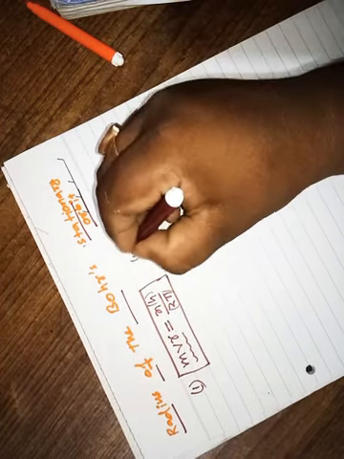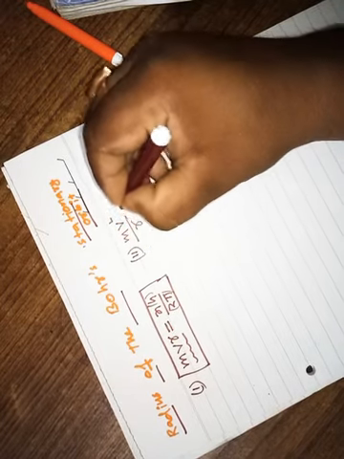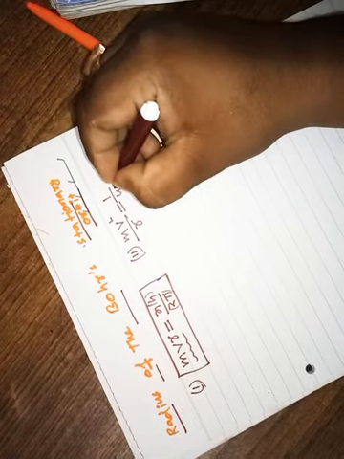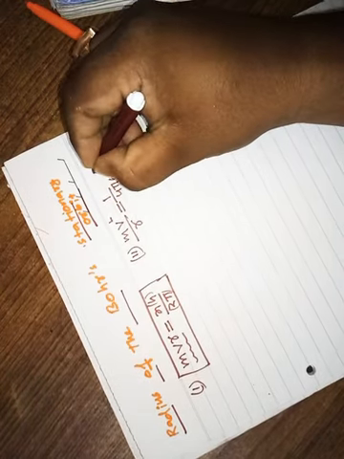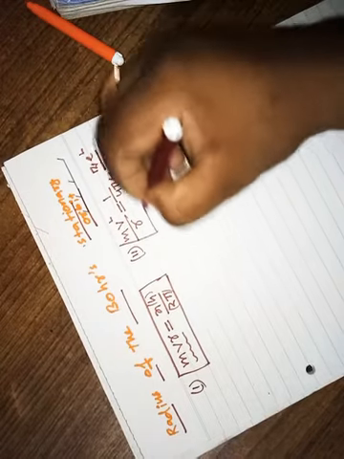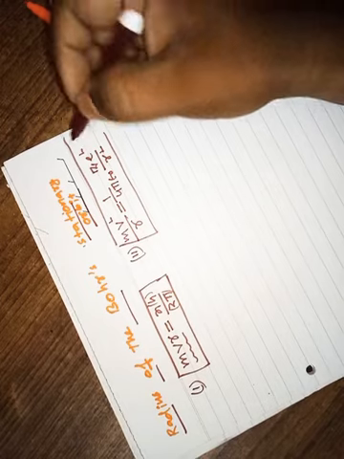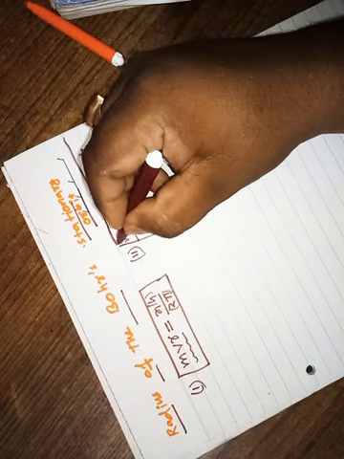And what is the next key formula we have? That is mv square by r is equal to 1 by 4π epsilon naught, Ze square by r square. What is this formula? This formula is nothing but the centripetal force.